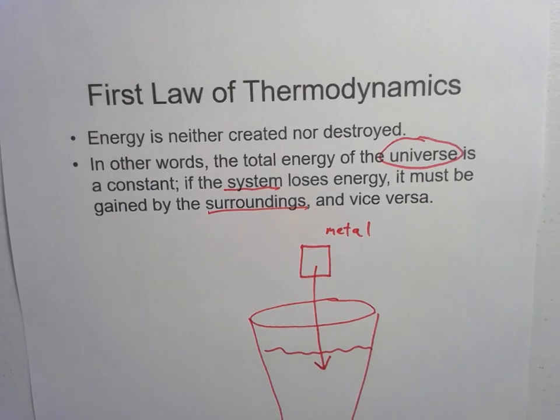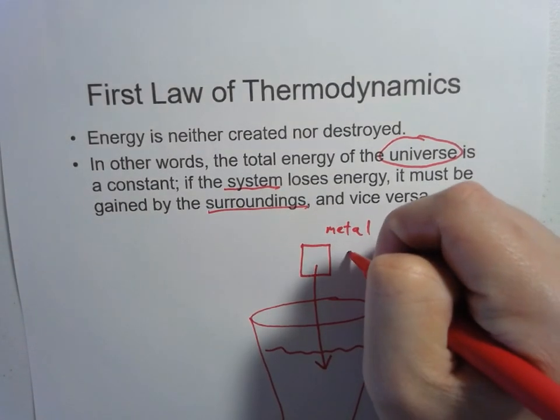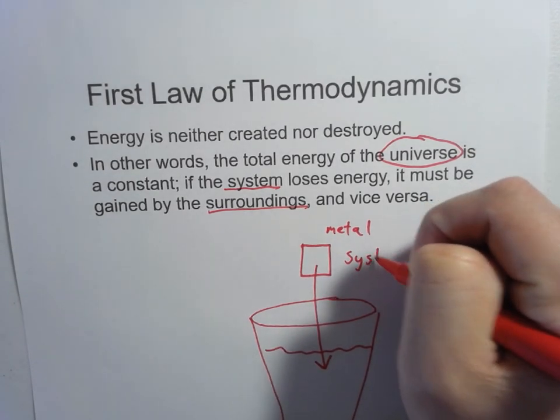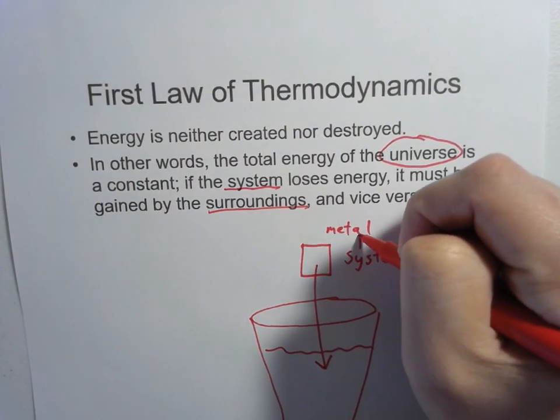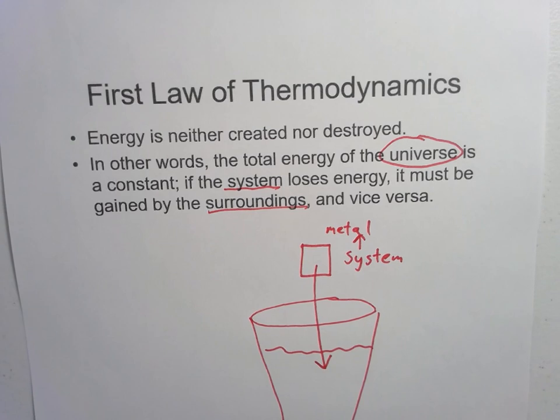If you're studying the metal, then your system would be the atoms that make up the metal, and everything else is your surroundings. So if you drop hot metal in room temperature water, the heat from the metal will transfer to the water and raise the temperature of the water. Those are some of the calculations that will be happening down the road.